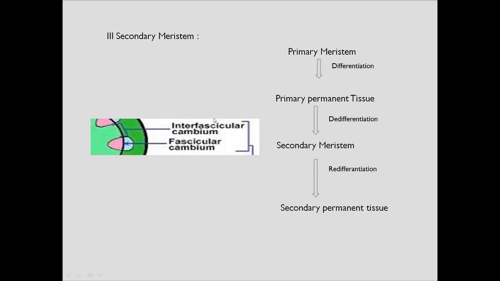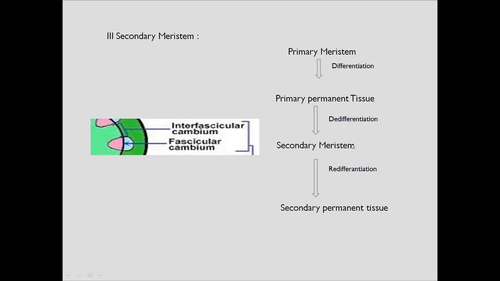So the next type is the secondary meristem. As we already studied, the primary meristem is differentiated to form the primary permanent tissue. This primary permanent tissue is de-differentiated to form secondary meristem.